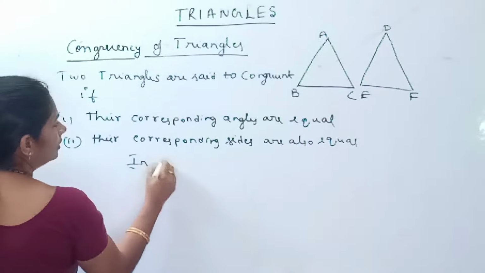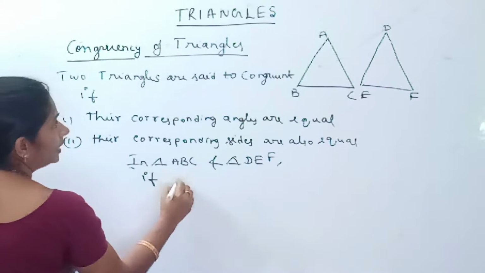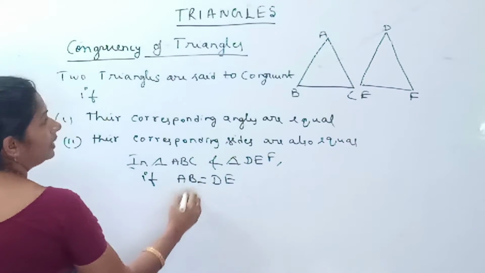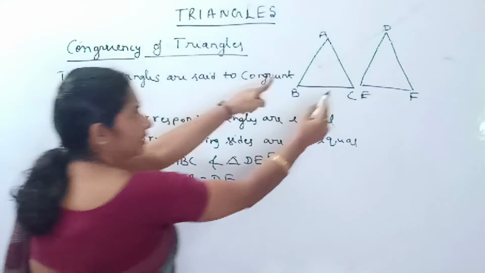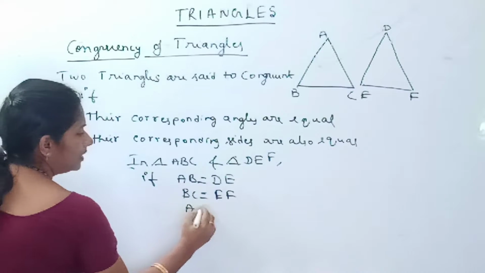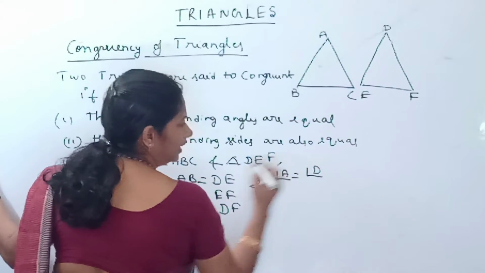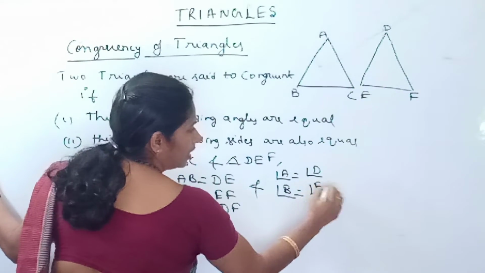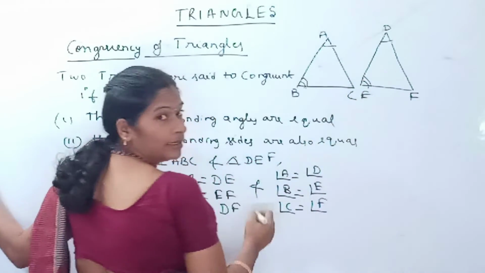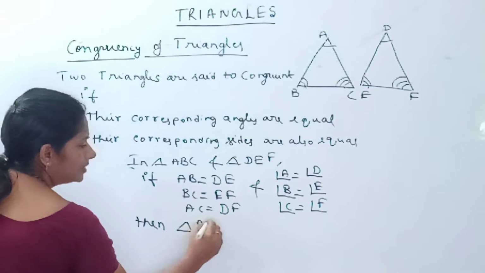Now if you take this example ABC and DEF, when can we say that these two triangles are congruent? In triangle ABC and triangle DEF, if AB equal to DE, BC equal to EF, and AC equal to DF, and one more condition, angle A equal to angle D, angle B equal to angle E, and angle C equal to angle F, then we can write triangle ABC is congruent to triangle DEF.